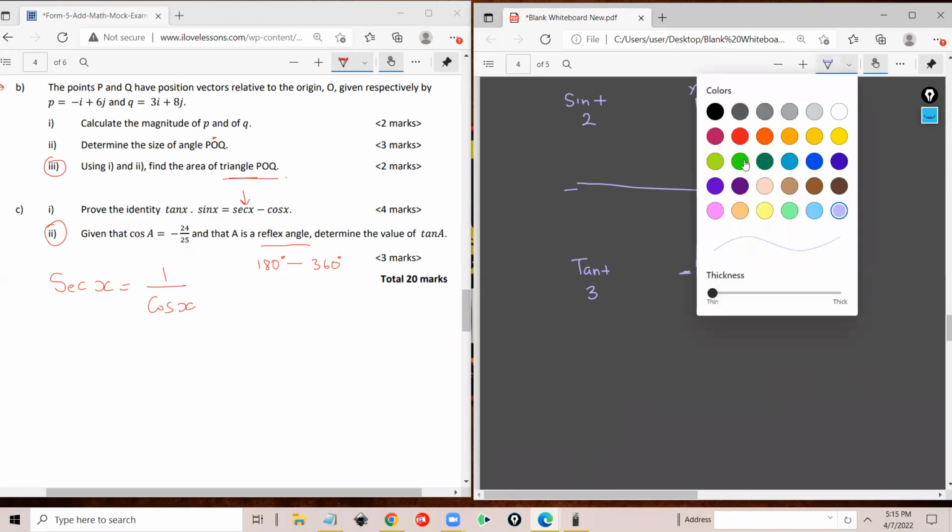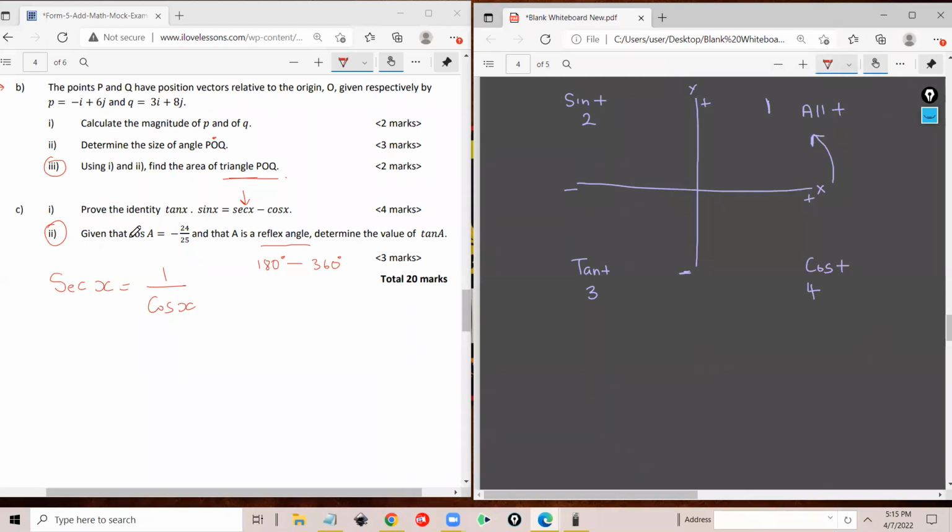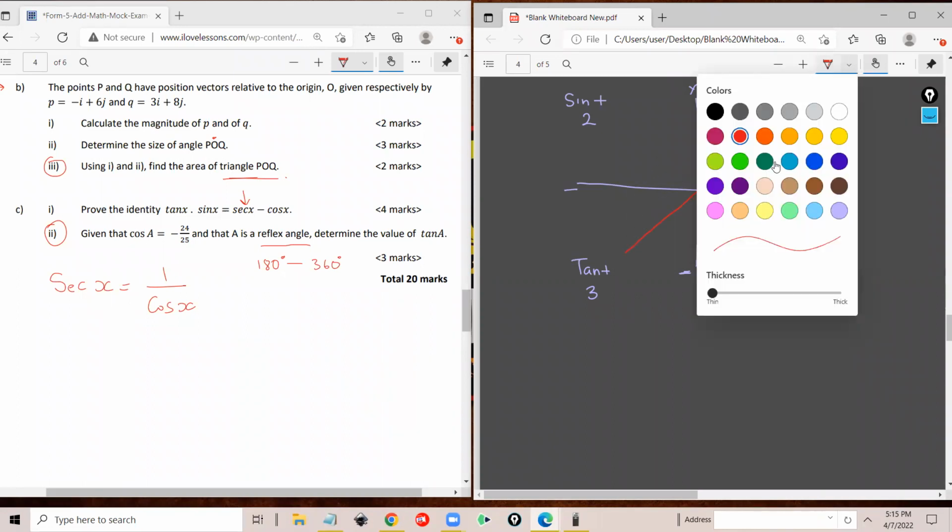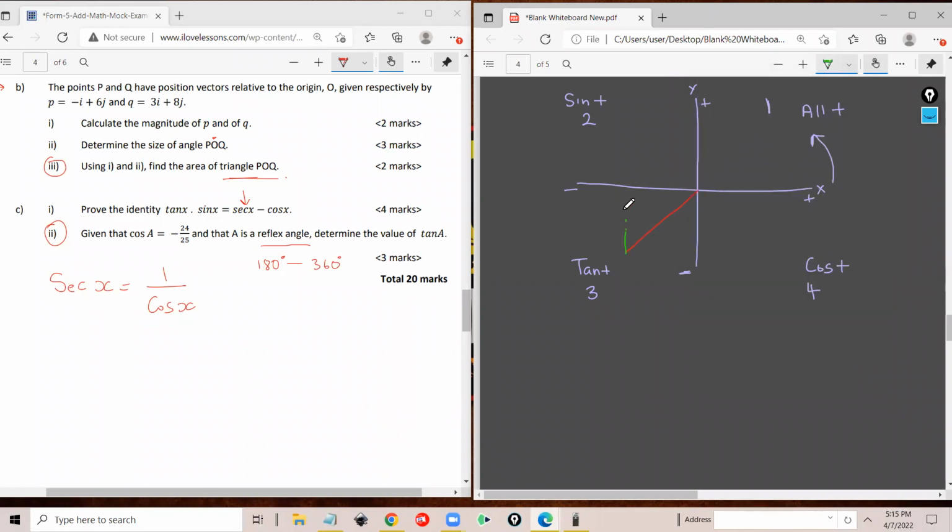So when we draw the triangle today, remember, sine, tan, and cosine are only for right angle triangles. This is the triangle you need to draw. We use different colors here to make it easy to communicate. This green line is below the x-axis, so it's on the negative portion of the y-axis.